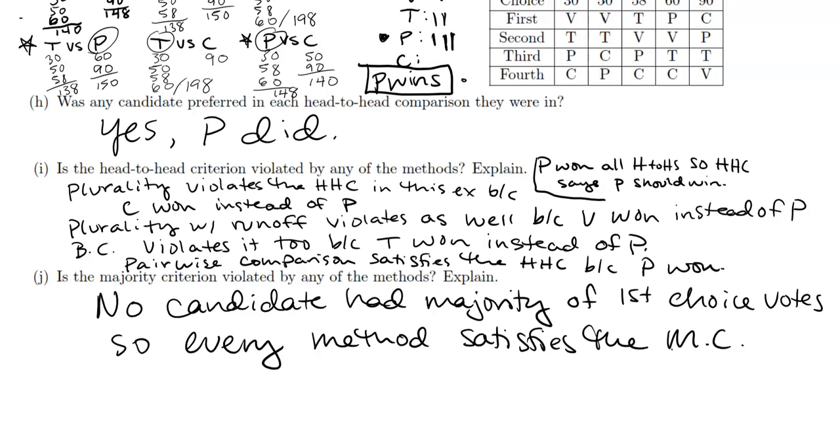Remember, that's the other way to satisfy the majority criterion, if the type of person that it's saying should be elected just doesn't exist in that example. So every method satisfies the majority criterion in this example.